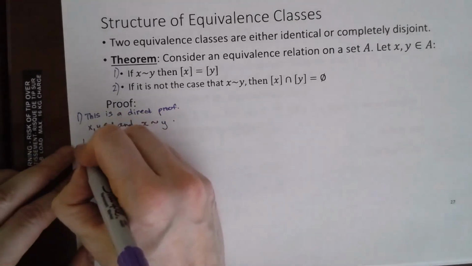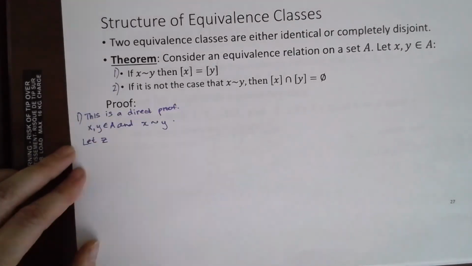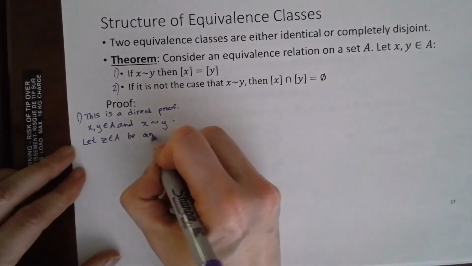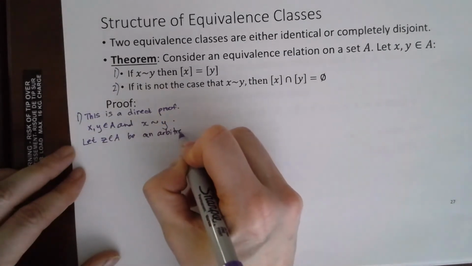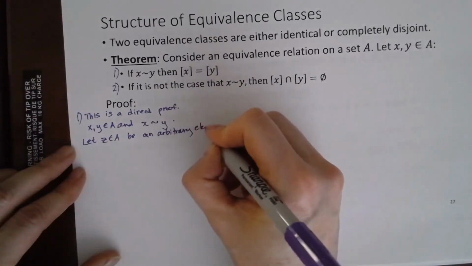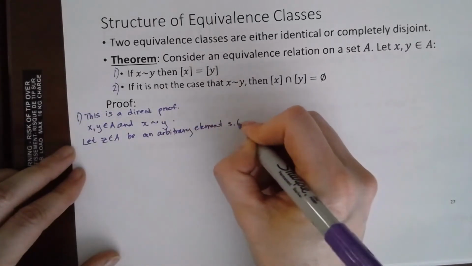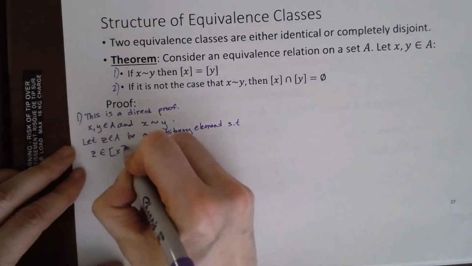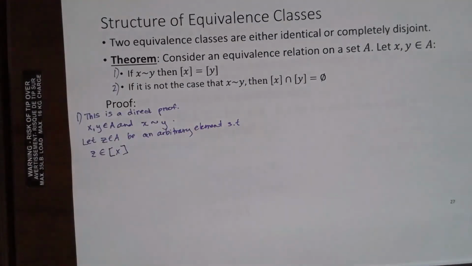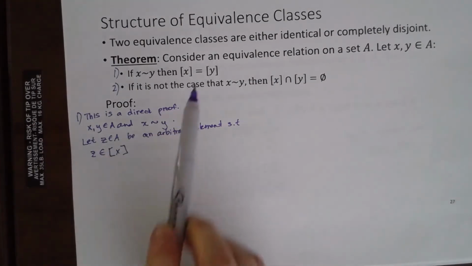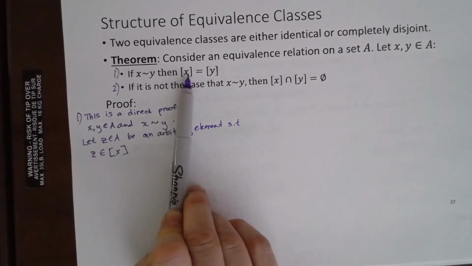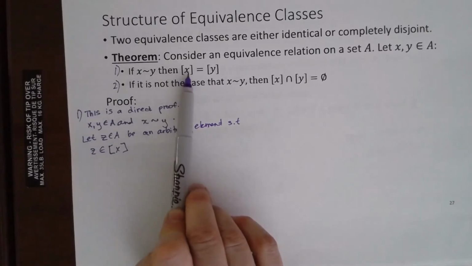So let the element Z from A be an arbitrary element such that Z is in the first set. I'm just going to pick some random element from the first set. There's nothing special about it. All I know is that it's in this set.